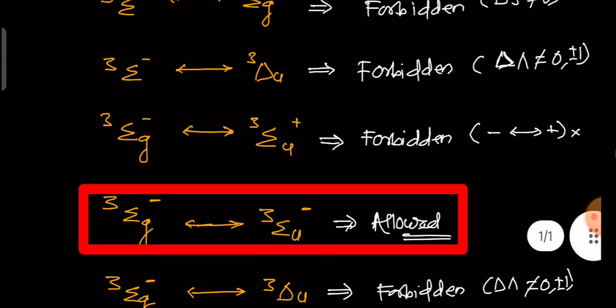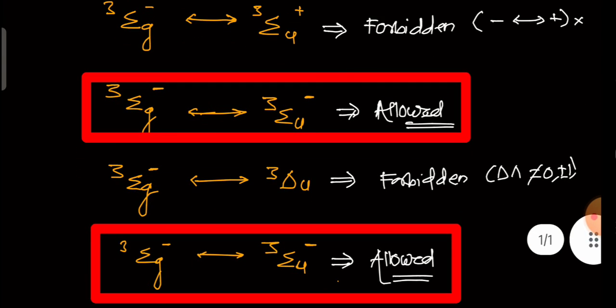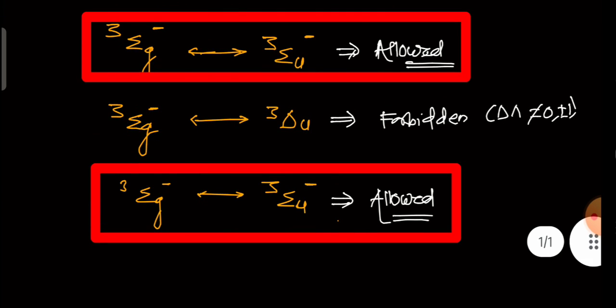Now the fifth one is allowed, 3 sigma g minus to 3 sigma u minus, because all selection rules are obeyed. Then 3 sigma g minus to 3 delta u is forbidden. And the last one, 3 sigma g minus to 3 sigma u minus, is allowed.